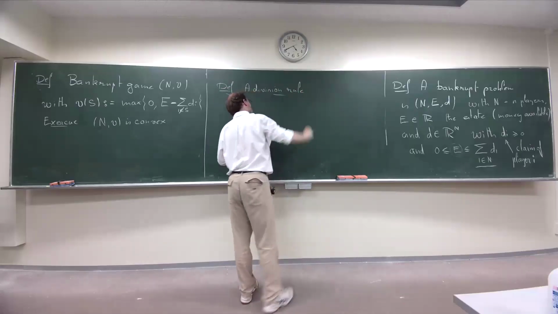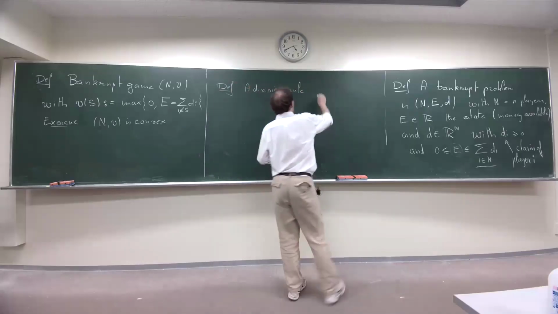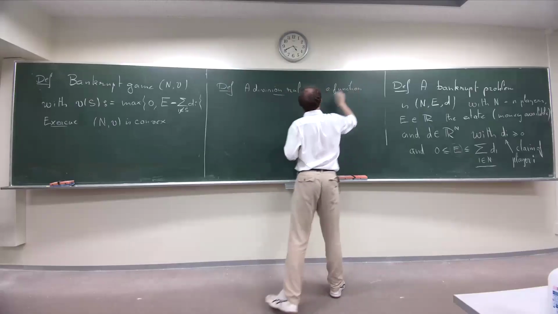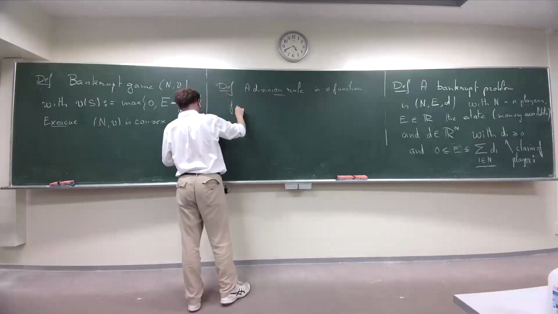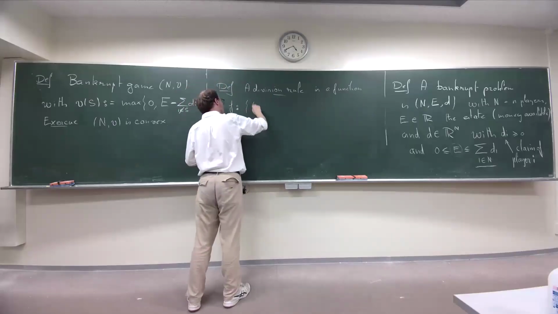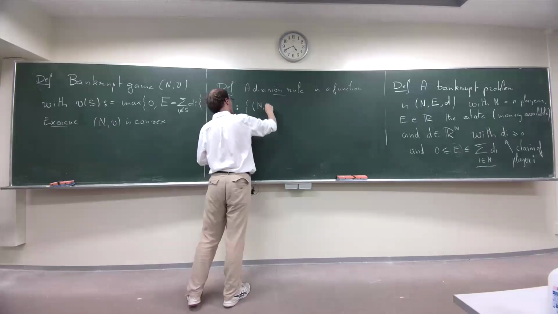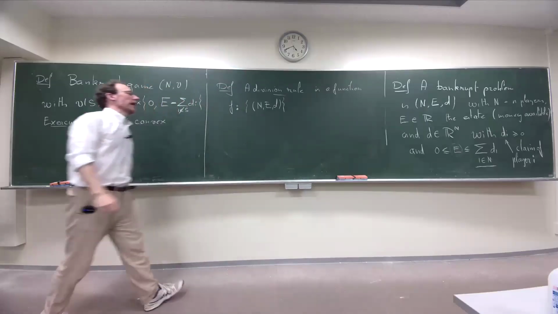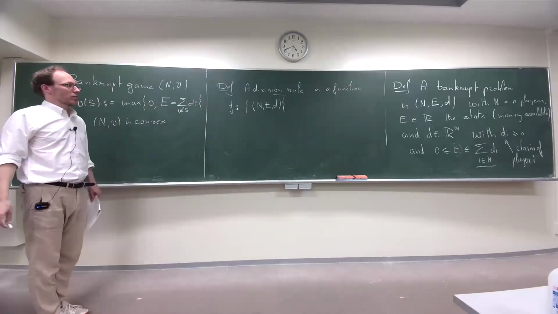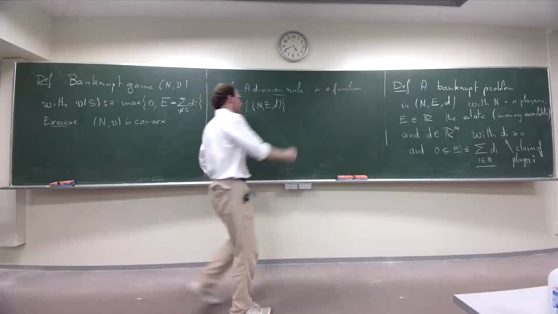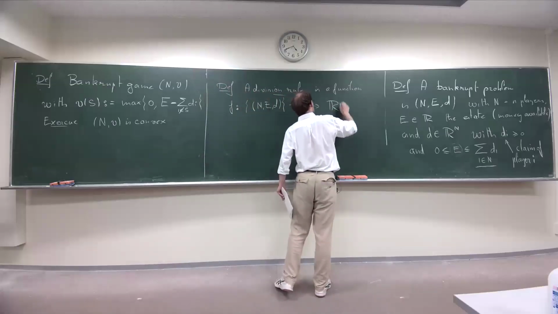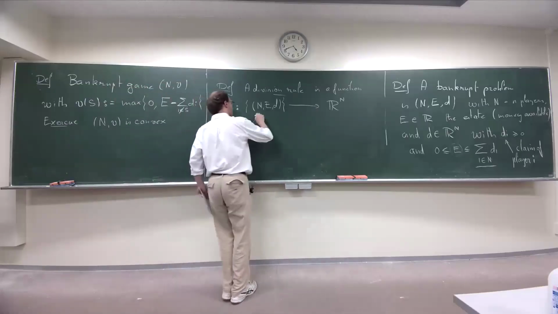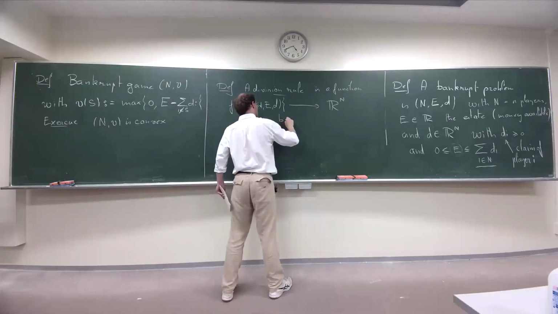A division rule corresponds to an allocation rule. It is a function that I denoted by F, which takes any bankruptcy problem and sends it to a point in R^n, which is what each player will get.